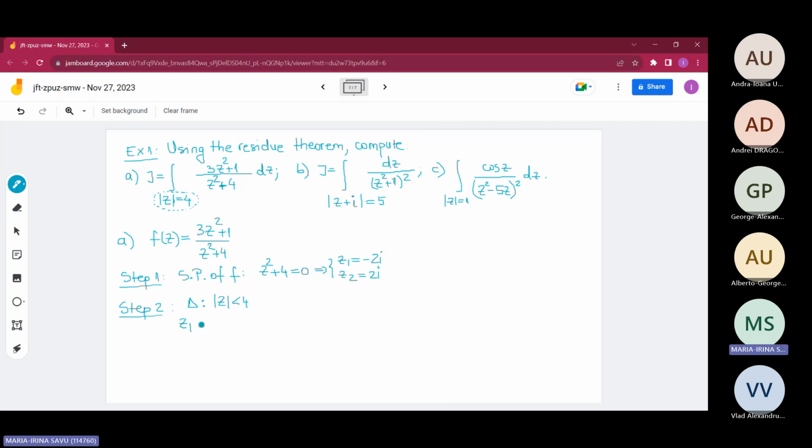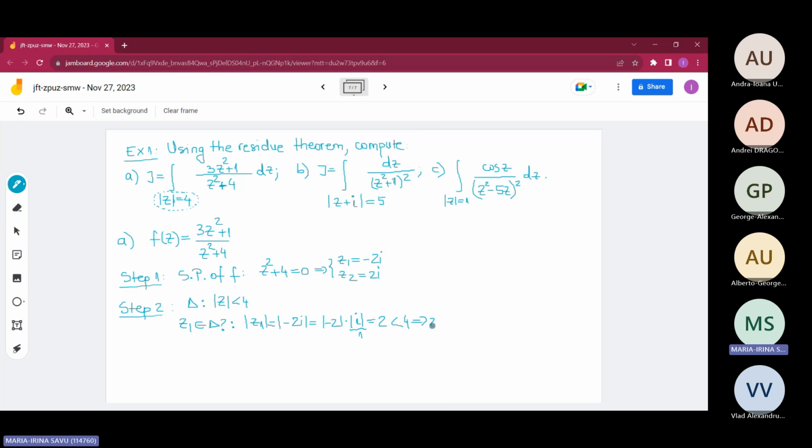So I want to obtain the points which are in the interior of this disk. Let's see if z1 is in delta. In order to see this, we have to compute the modulus of z1, which is actually the modulus of minus 2i, which is equal to 2, because this is the modulus of minus 2 times the modulus of i, which is 1. So it is 2, which is less than 4.